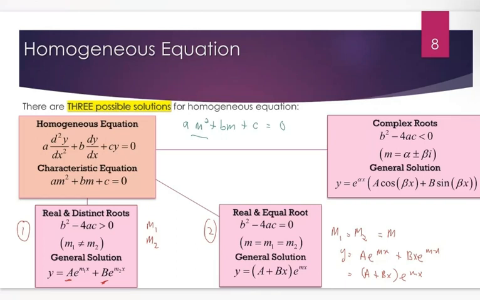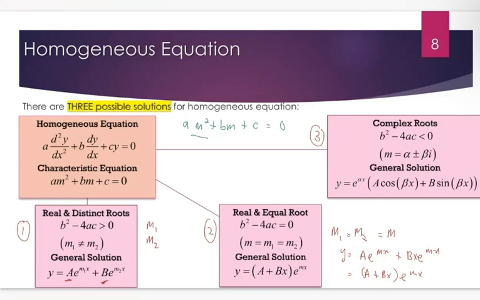The third case will be where you will have complex roots. So these complex roots will happen if we have b squared minus 4ac less than 0. So if b squared minus 4ac is less than 0, then the values of m will be alpha plus or minus beta i.